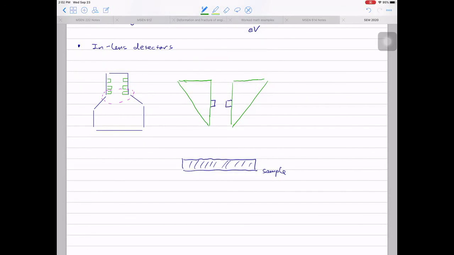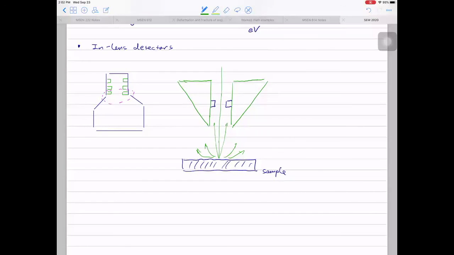Electrons come down, then they will generate signals. Let me rephrase, only the ones that really swing backwards can be captured by the detector. So this is the in-lens detector.